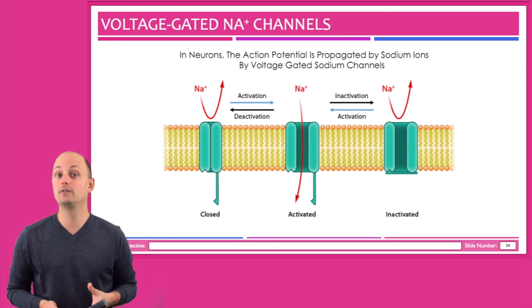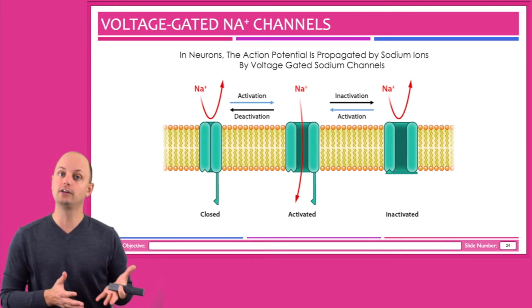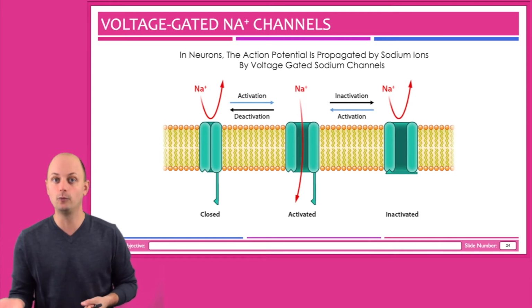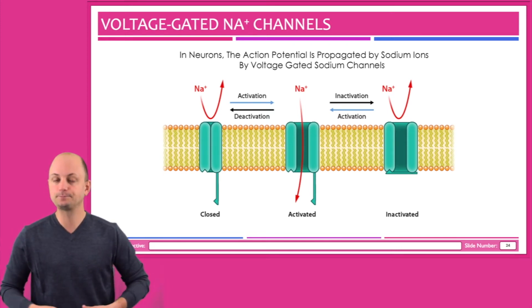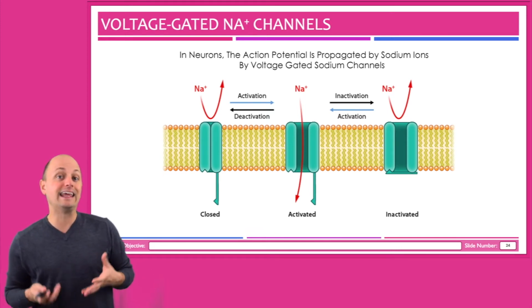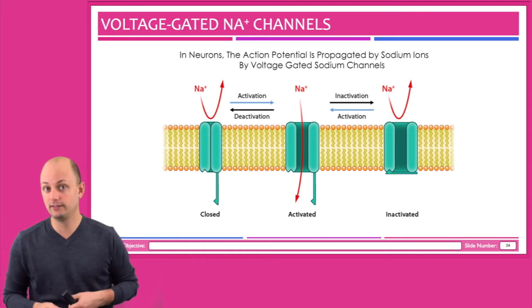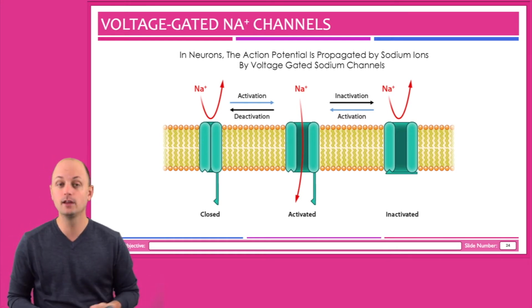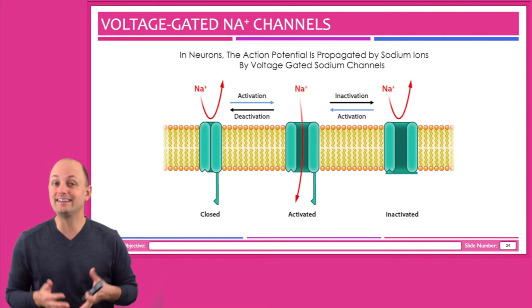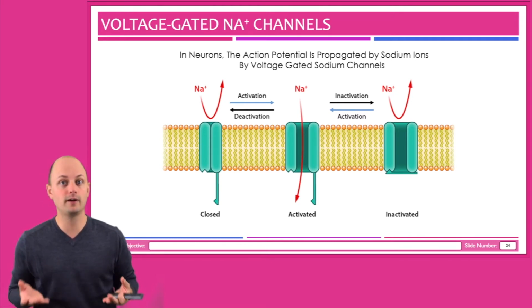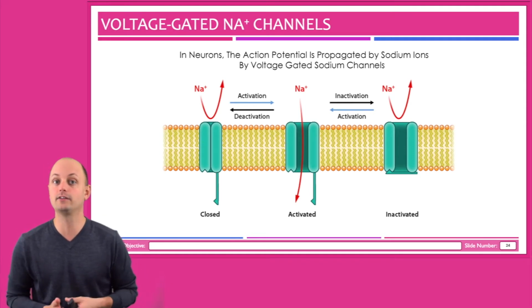In order for someone to enter your house, both the screen door and the security door have to be open. If either door is closed, then nobody can come inside. So this third inactivation state is kind of like a situation where one door is open, but the other door is still closed. And that means that in this inactivation state, sodium ions can't enter the cell because no pore has been created.